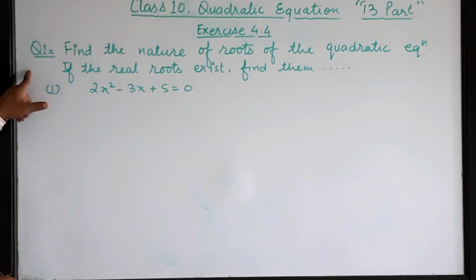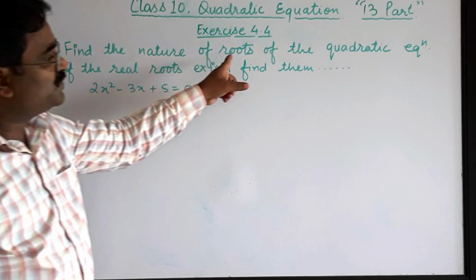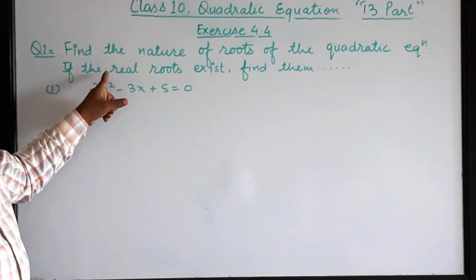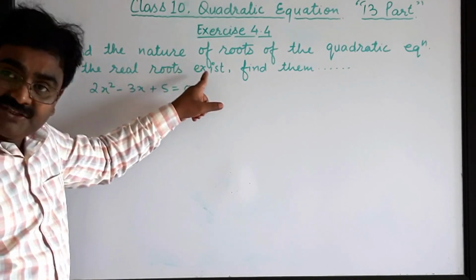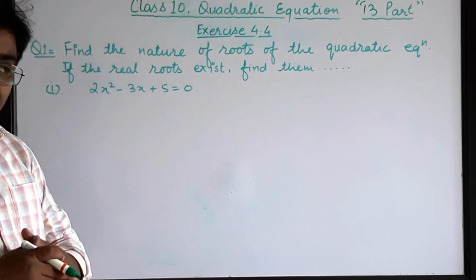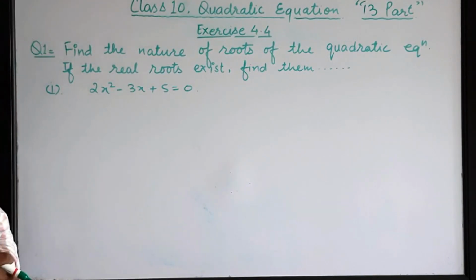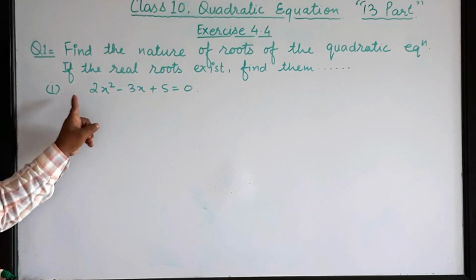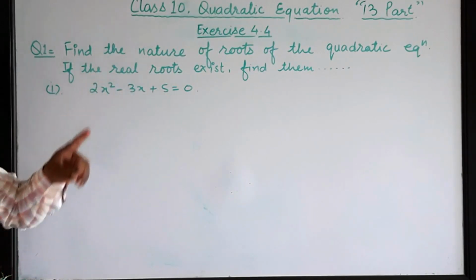Question first is, find the nature of roots of the quadratic equation, and if the real roots exist, then find them. Means we have to first decide what will be the nature of the roots of this quadratic equation. As the first part we have taken 2x square minus 3x plus 5 equals to 0.